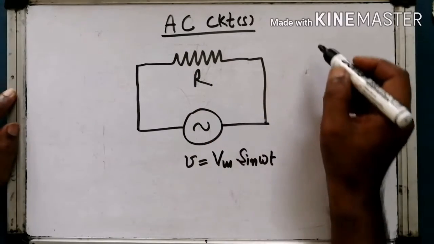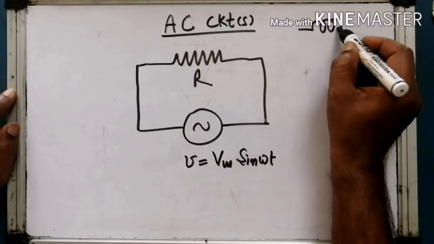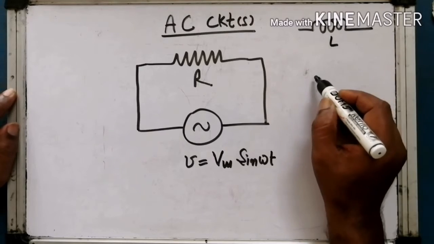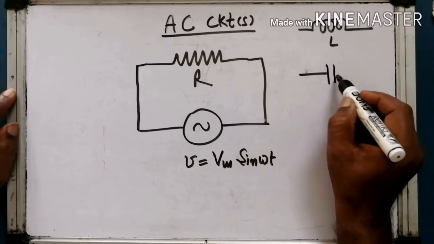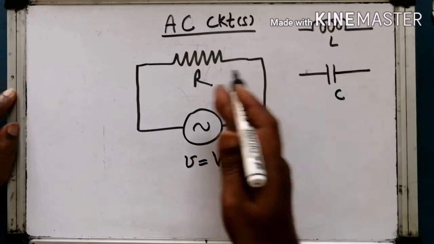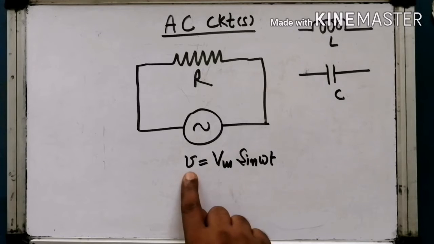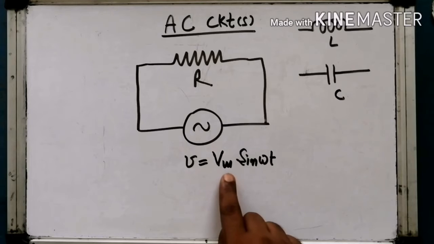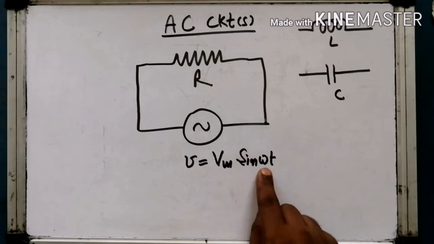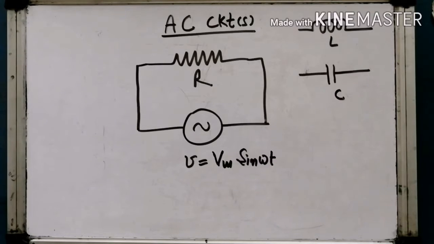This component may be an inductor, may be a capacitor, or a combination of these, right? V is the instantaneous value of the voltage, Vm is the maximum value of the voltage, omega is angular frequency, and t is time.